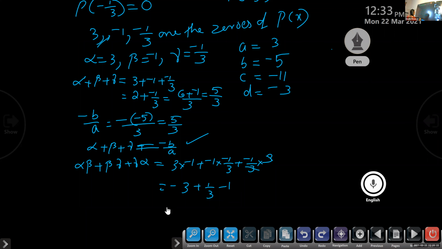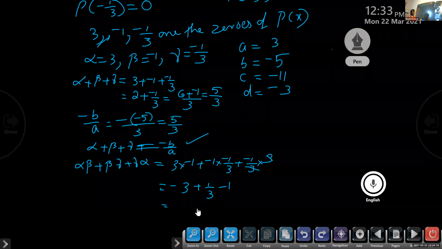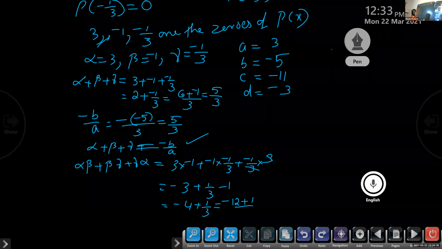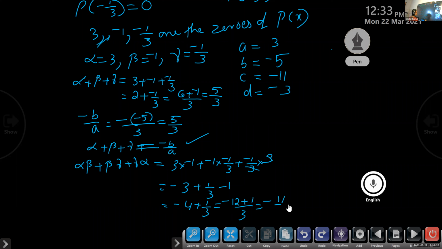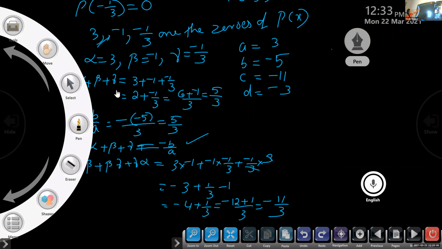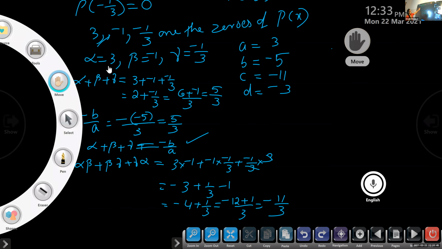So this is -4 plus 1/3, so it is -12 plus 1/3, that is -11/3. Alpha beta plus beta gamma plus gamma alpha is minus 11 by 3.